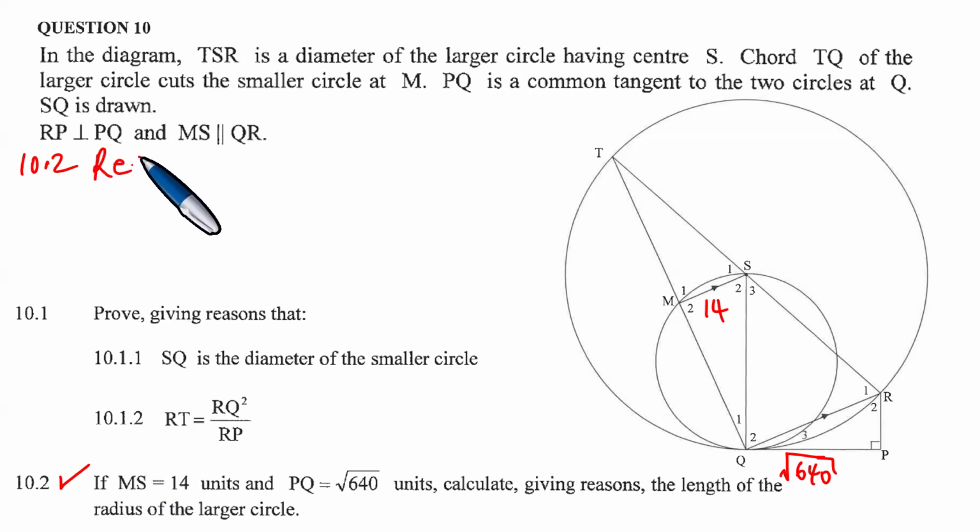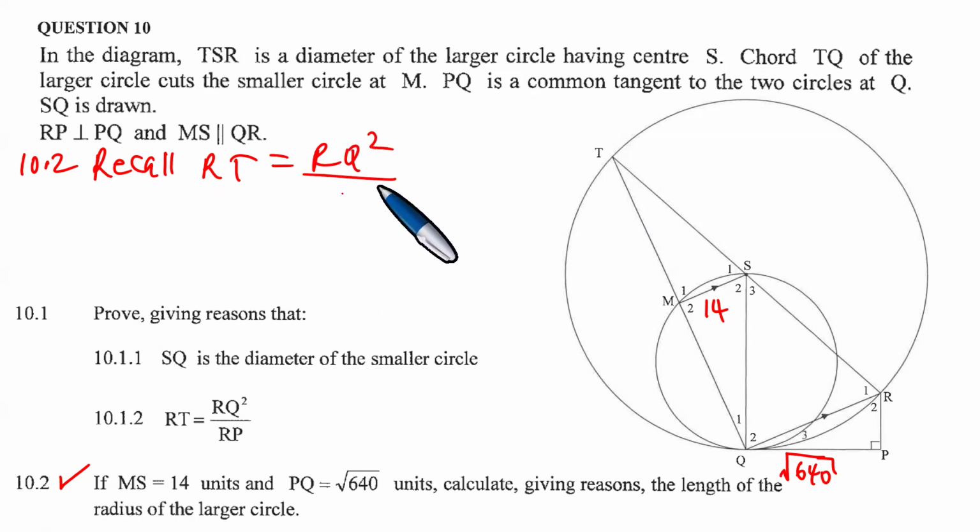Recall that. The radius of the larger circle: if you look at what we have, it is RT. We can find RT first, because RT is the diameter, so RT is equal to RQ squared divided by RP.